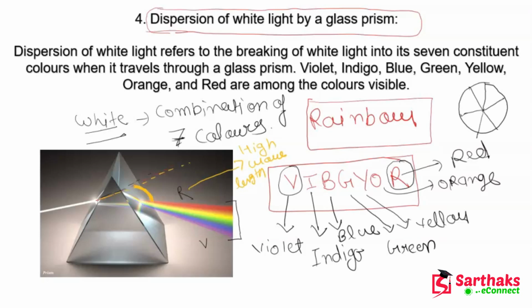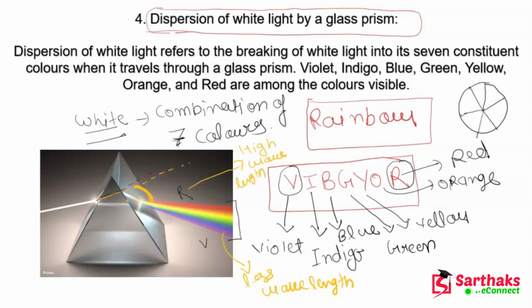On the other hand, this violet has a lower wavelength, so that's why it is showing very high bending. I hope you understand this. Keep this point in your mind: red light bends the least while violet light bends the most.